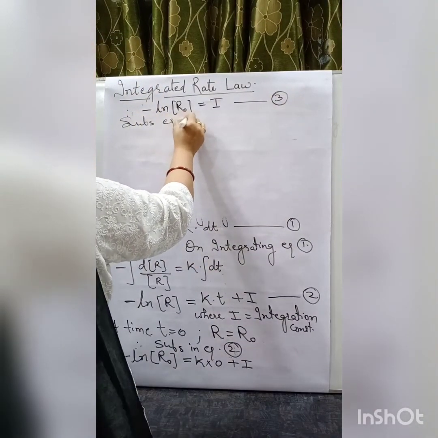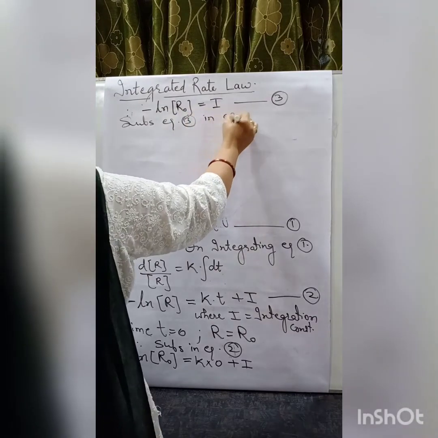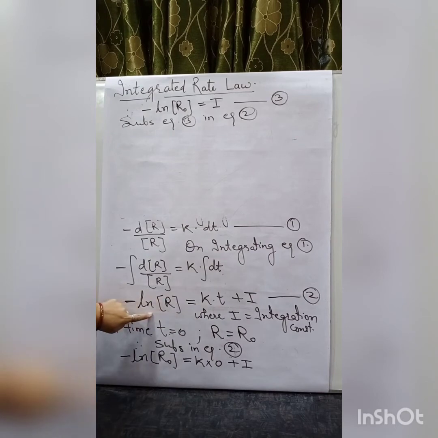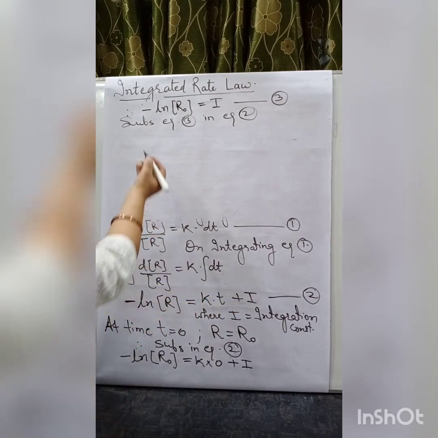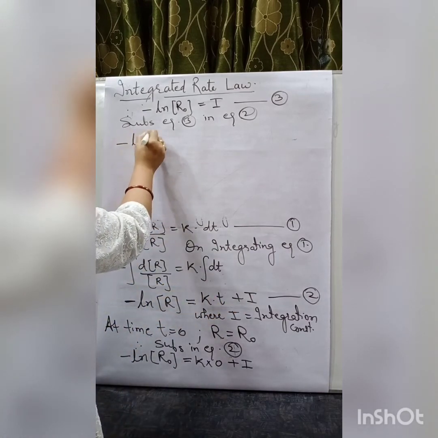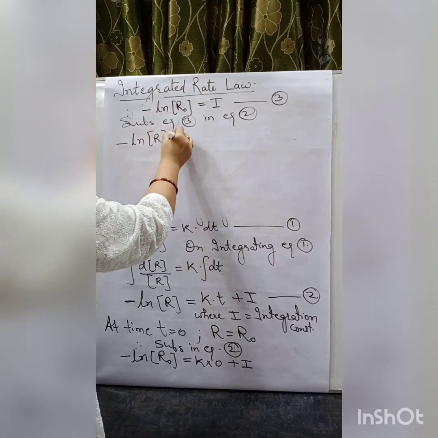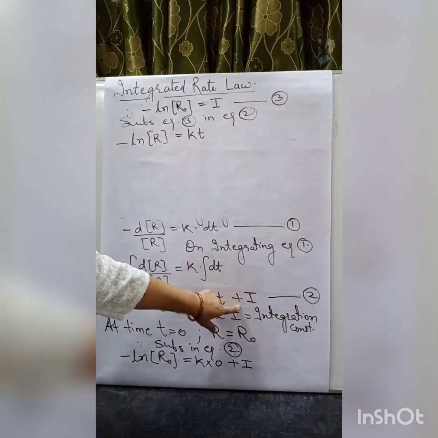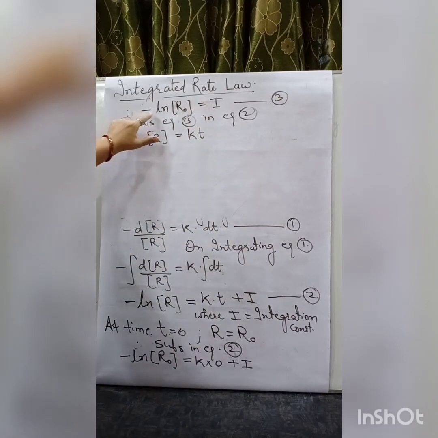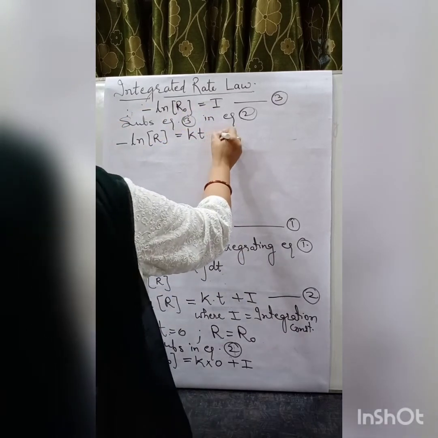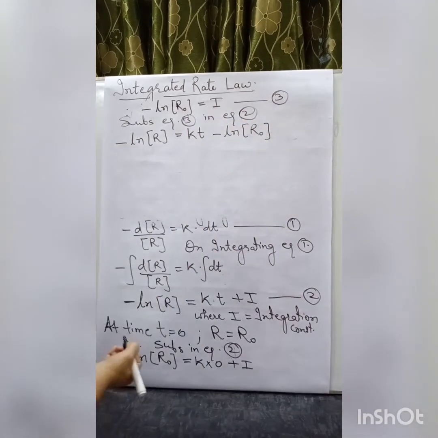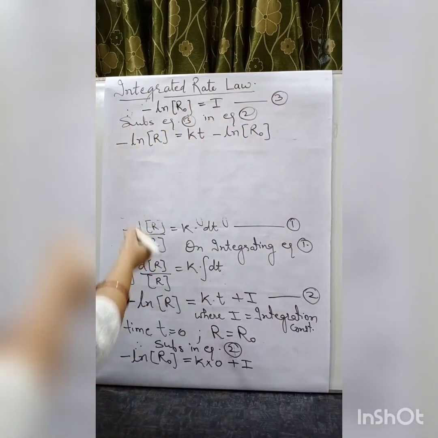Substituting equation 3 in equation number 2. Substitute this here. So what you will be getting? Minus ln R is equal to kt plus I. But what is the value of I? Minus ln R0. Now take this on this side.